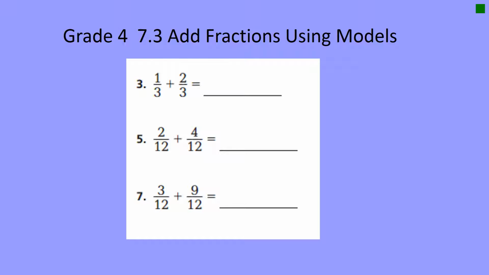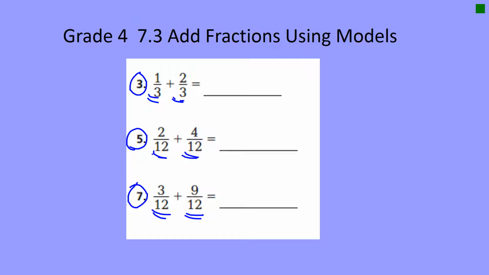So we're going to do number 3, number 5, and number 7. I want you to notice, boys and girls, that they all have the same denominator. Number 3 uses the denominator 3. Number 5 uses the denominator 12 in both fractions. Number 7 also happens to use the denominator 12 in both fractions.